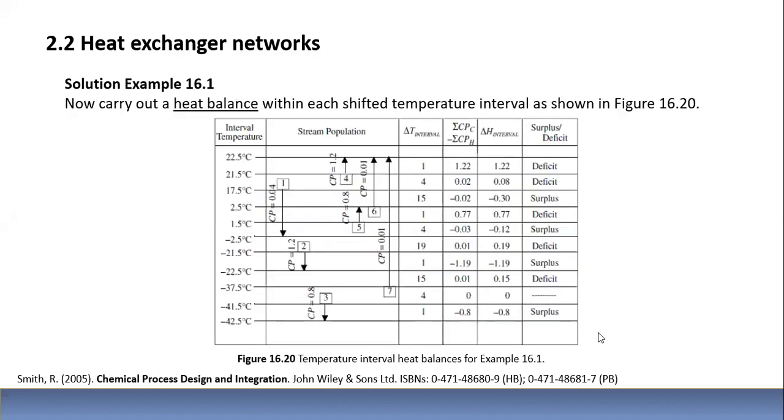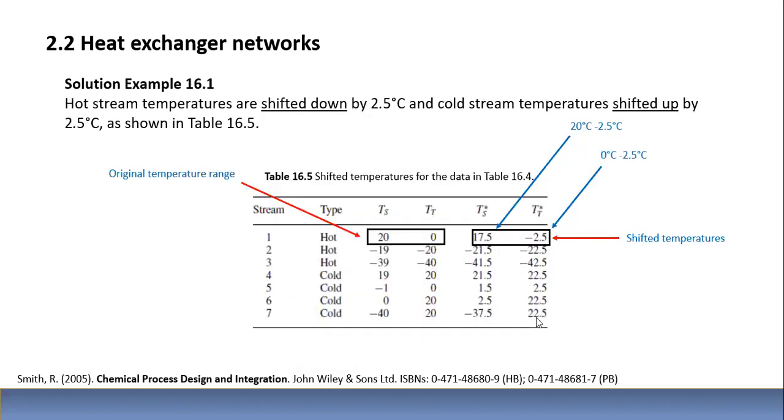And now we're going to do a population diagram. Here, these intervals come exactly from here. If we track them down, the lowest one will be minus 42.5, minus 41.5. Next will be minus 37.5.